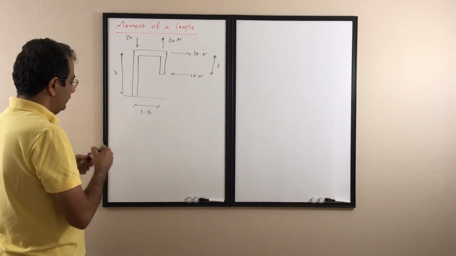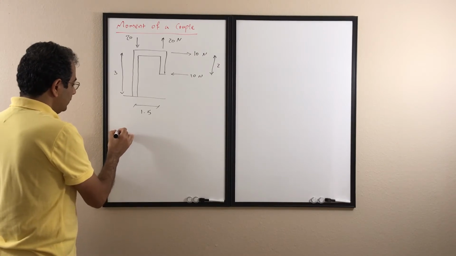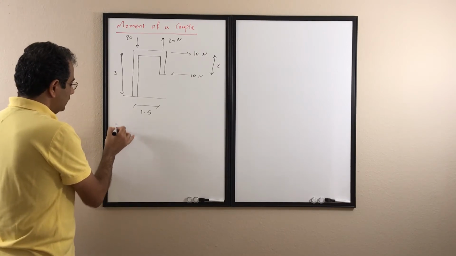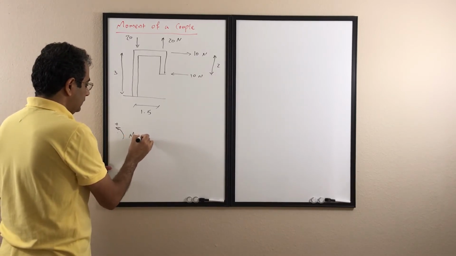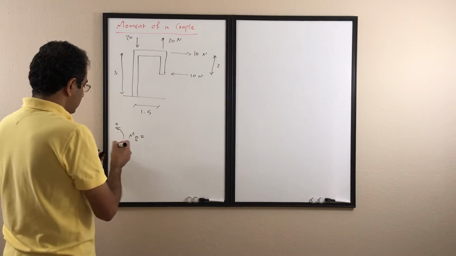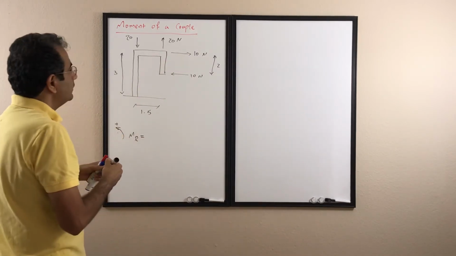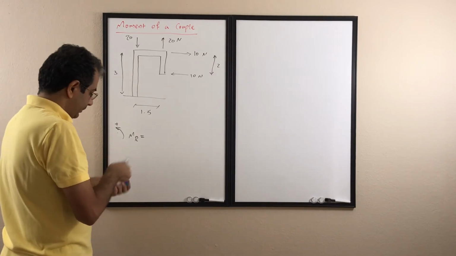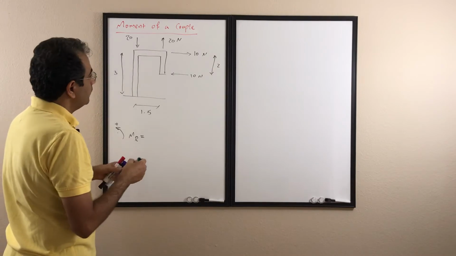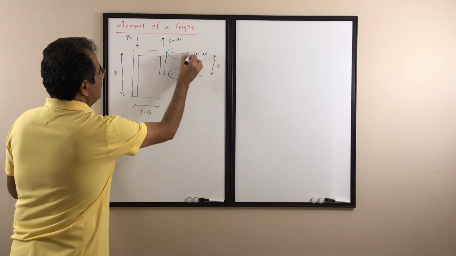Here, in the first method, I first assume that counterclockwise rotation is positive. I start from the first couple.